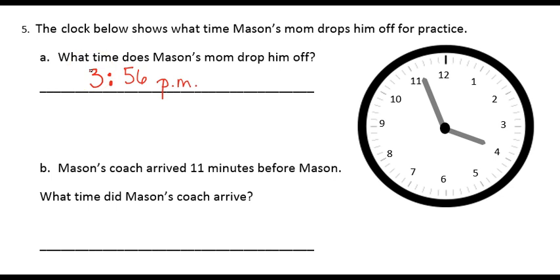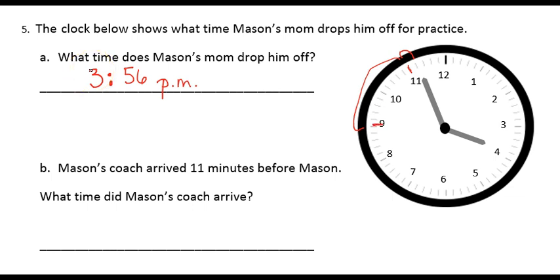And the last question says Mason's coach arrived 11 minutes before Mason. What time did Mason's coach arrive? So we need to move this minute hand back 11 minutes. Well, I can jump back 1 minute. That would take me right on the 11. And then I can do a bigger jump of 10 minutes. And that would put me on the 9.